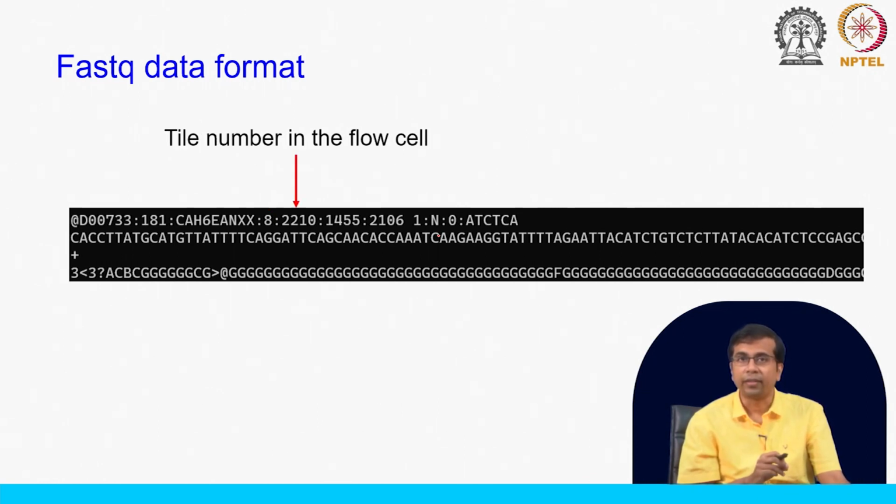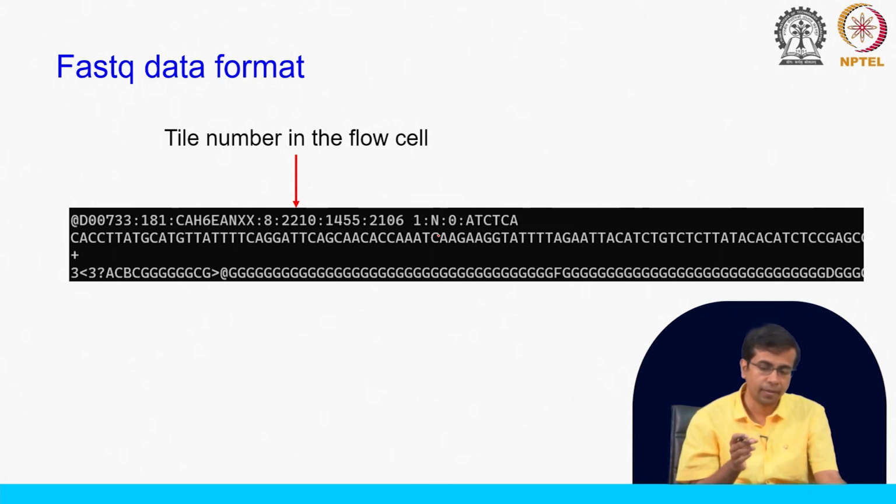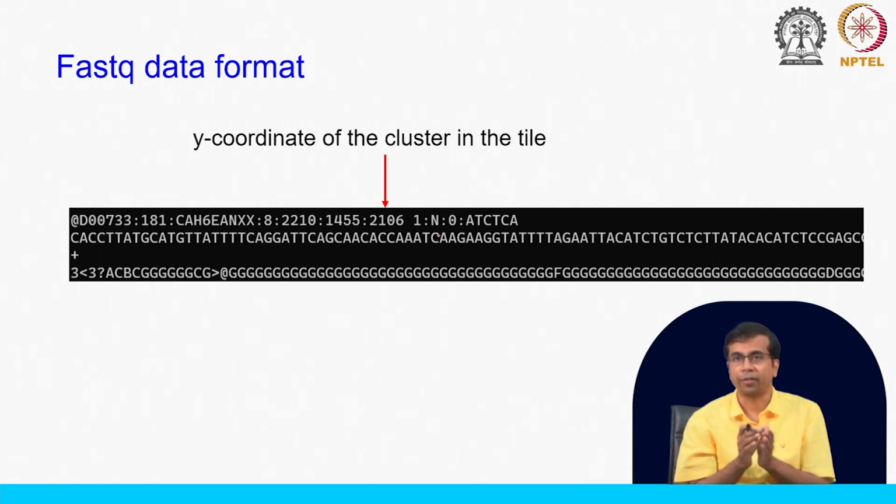The next three fields show the position of this read in the flow cell. You have the tile number, 2210 here, which is the tile number in the flow cell. Then you have the x coordinate of the cluster in the tile, where the cluster is present, and the y coordinate of the cluster in the tile. You remember the cluster generation process; the x and y coordinates give you the cluster location on the flow cell.